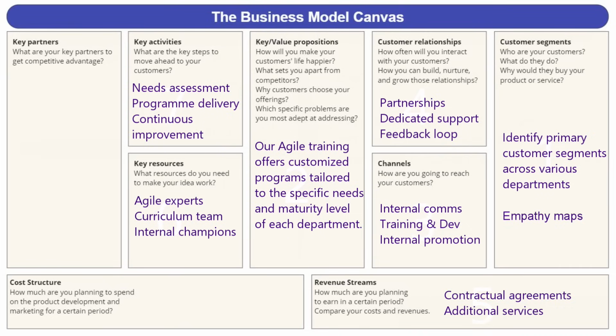Two, program delivery, and that's by conducting workshops, training sessions, and coaching sessions that are tailored to the organization's context and key objectives. And three, continuous improvement, and that's by gathering feedback, evaluating outcomes, and refining training content and delivery approaches over time.